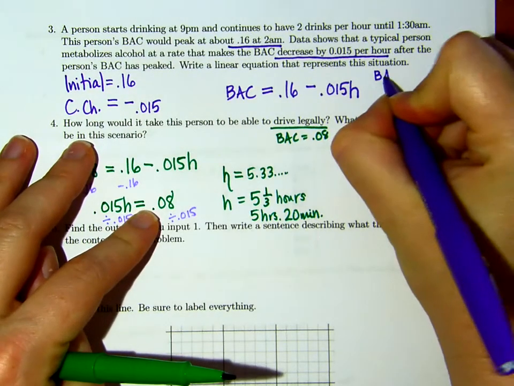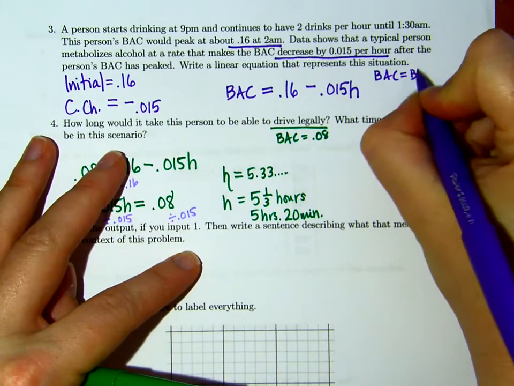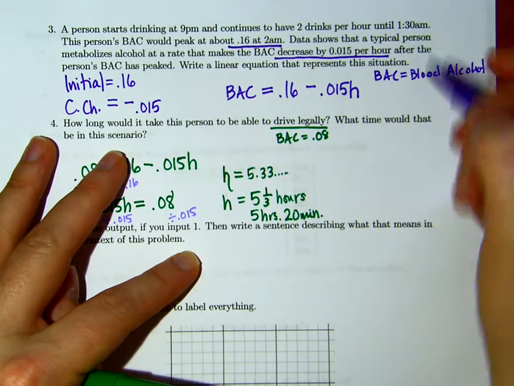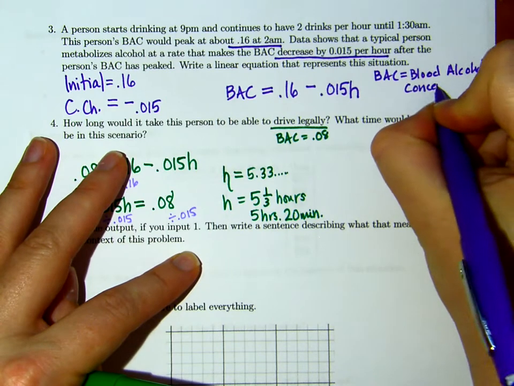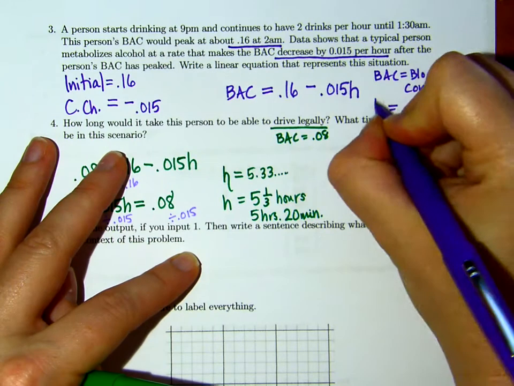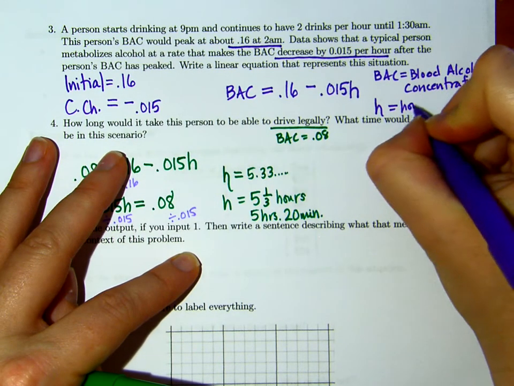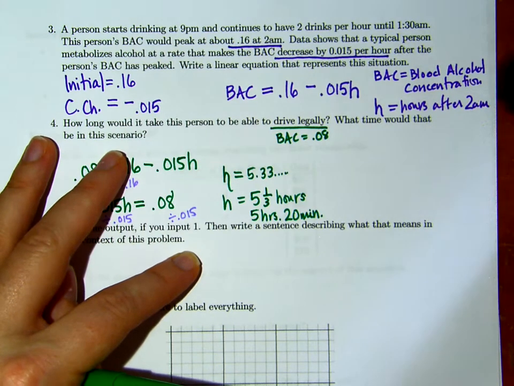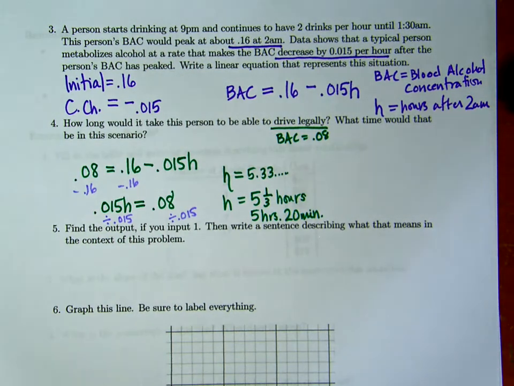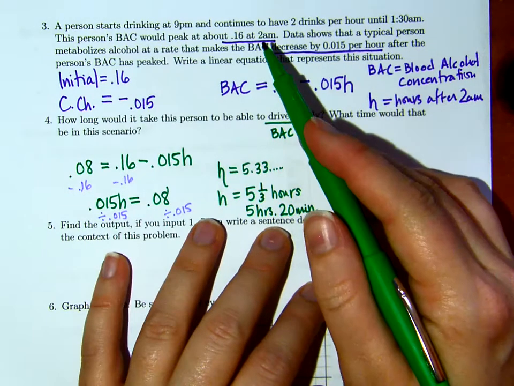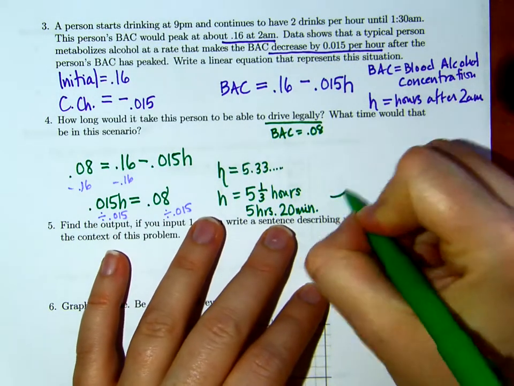So BAC, blood alcohol concentration, and h is hours after 2 a.m. Okay. It's really important to clarify. So what time would this be? Well, they stopped drinking at 2 a.m. So what is that?